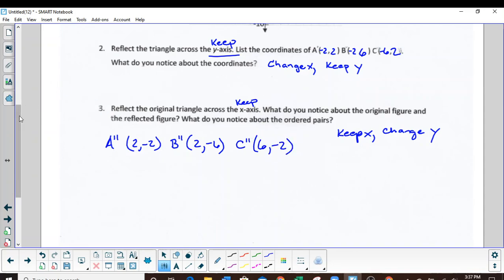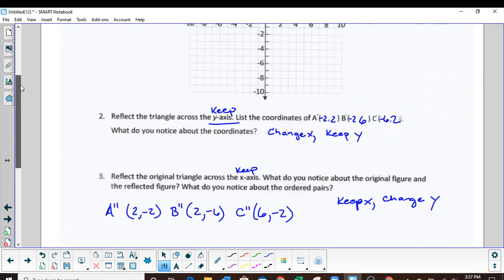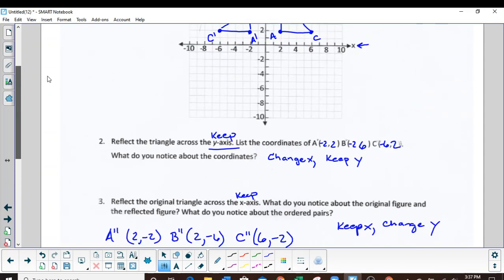Then all we got to do is plot those points on our coordinate plane. So 2, negative 2 is right there, that's my A double prime. My B is 2, negative 6, right here, my B double prime. And my C is at 6, negative 2, my C double prime.